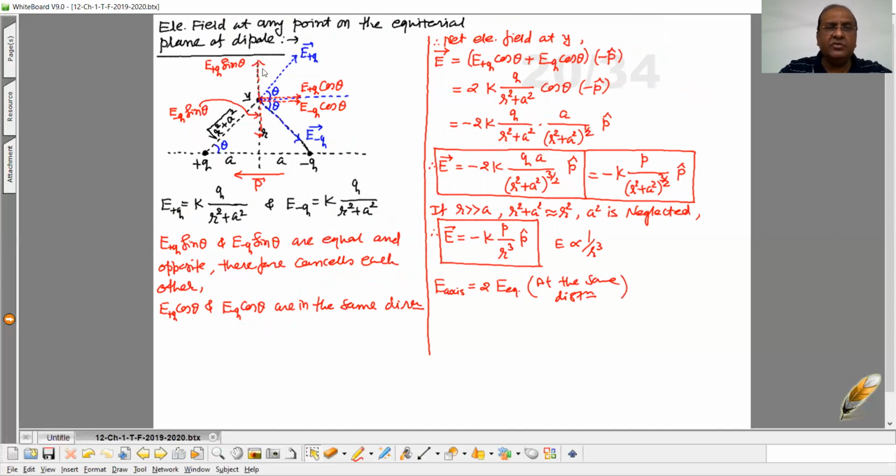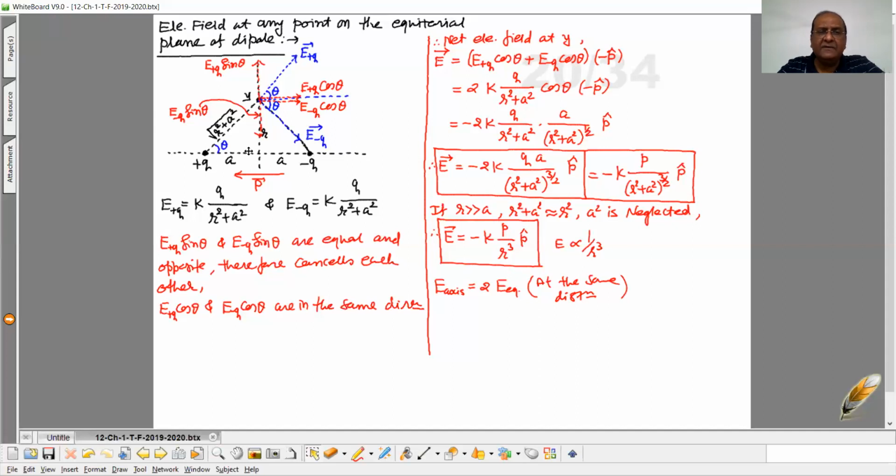So we take this equatorial line, and now we want to find the electric field at any point Y, which is situated at a distance r from the center of the dipole. So the concept is simple. We have to take the electric field at Y due to the positive charge as well as due to the negative charge, and then we can find the resultant by taking the vector summation of these two fields. Clear? Okay.